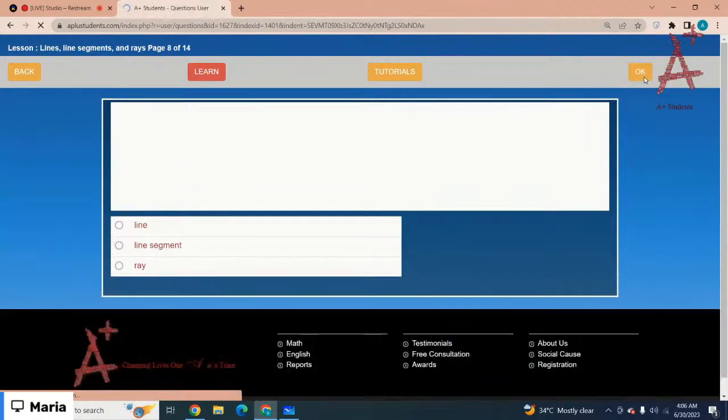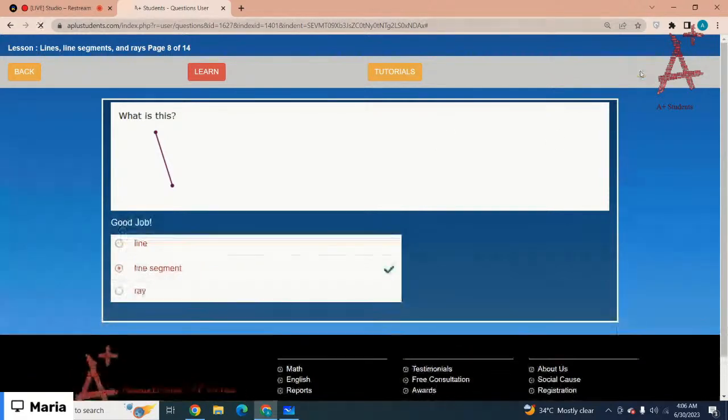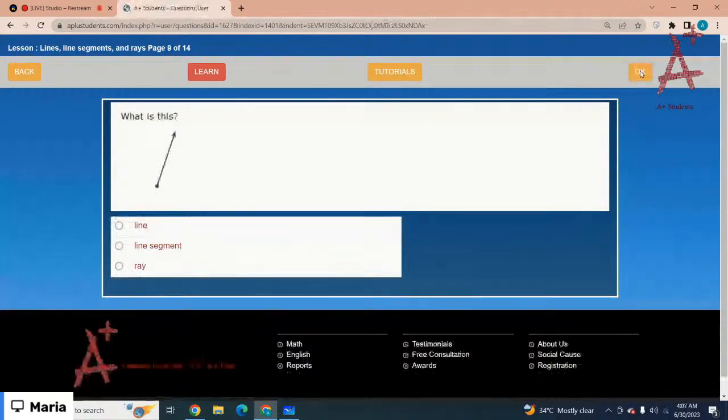What is this? Line segment, because it has two endpoints. What is this? Yes, it has just one endpoint, so it is the ray.